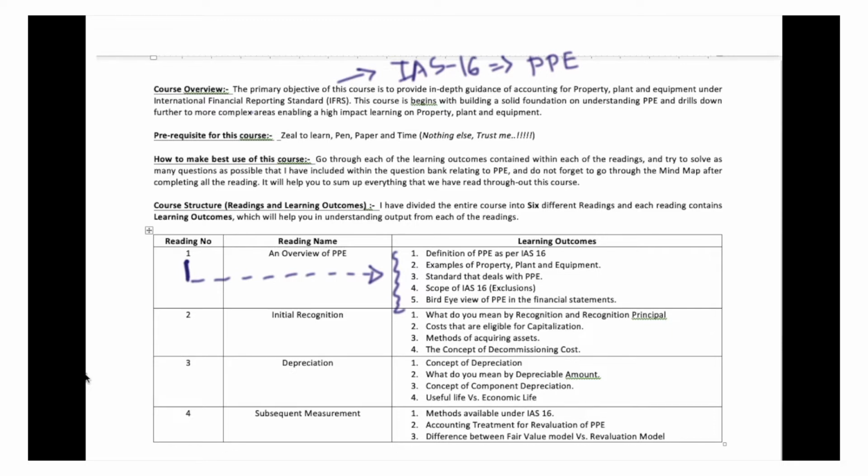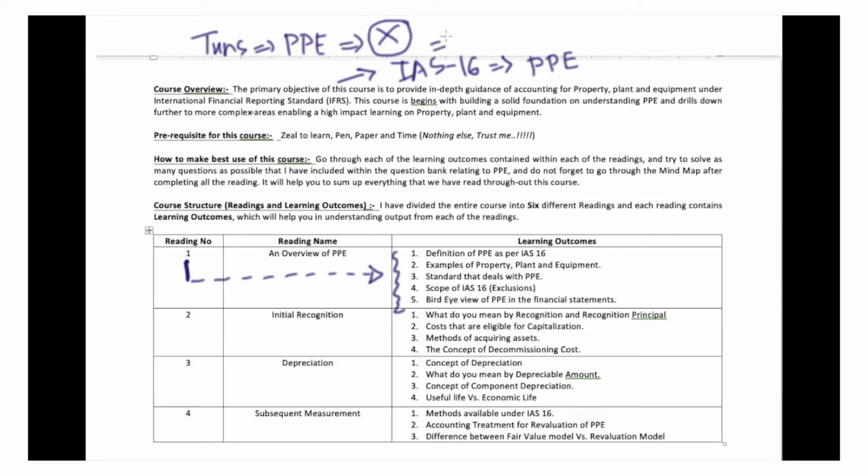In the third point, we will discuss standards that deal with PP&E. I'll tell you one thing: IAS 16 deals with PP&E, and I totally agree with that. But there are transactions related to PP&E that are not covered under IAS 16.